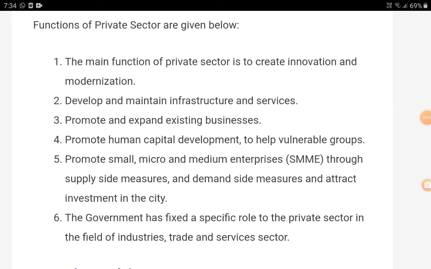The main function of private sector is to create innovation and modernization, develop and maintain infrastructure and services, promote and expand existing businesses, promote human capital development to help vulnerable groups, promote small, micro and medium enterprises, that is SMME, through supply side measures and demand side measures and attract investment in the city. The government has fixed a specific role to the private sector in the field of industries, trade and service sectors.